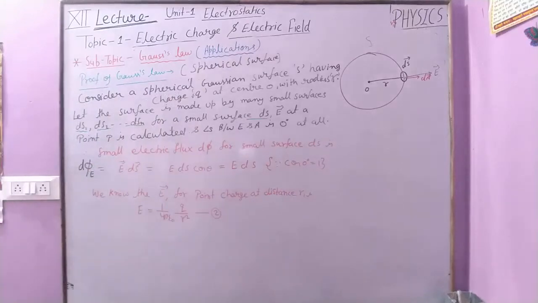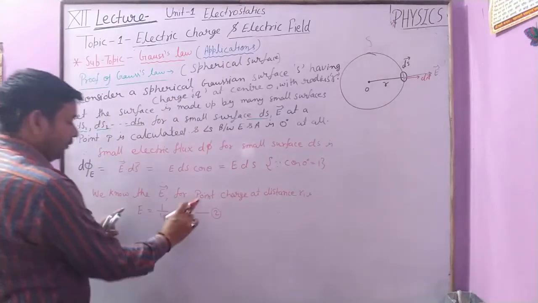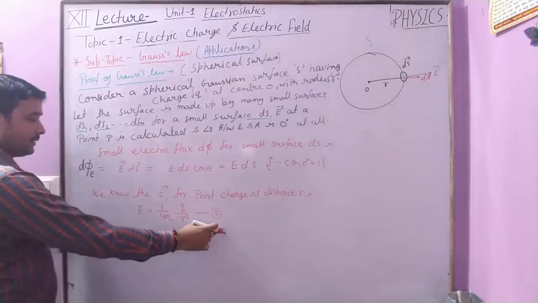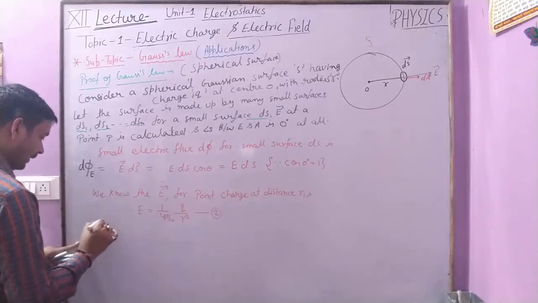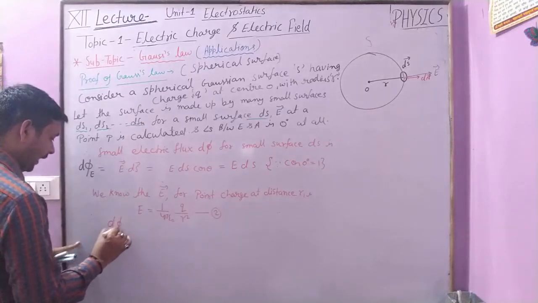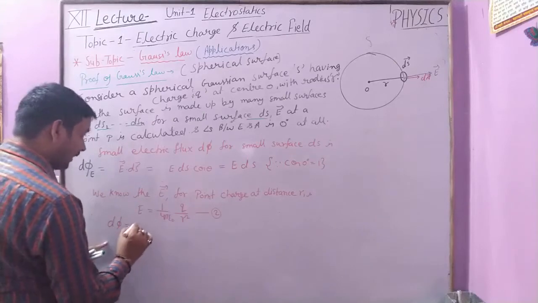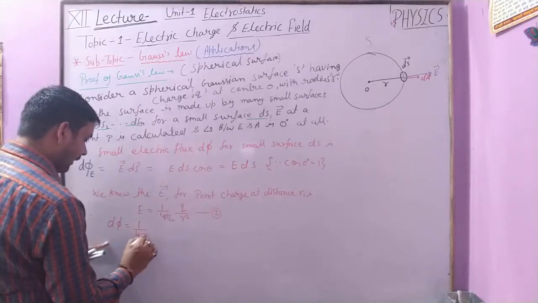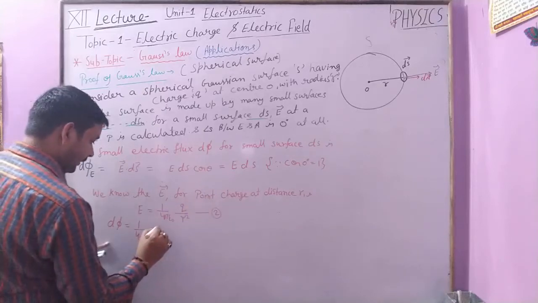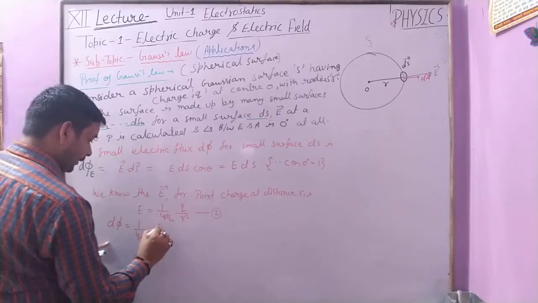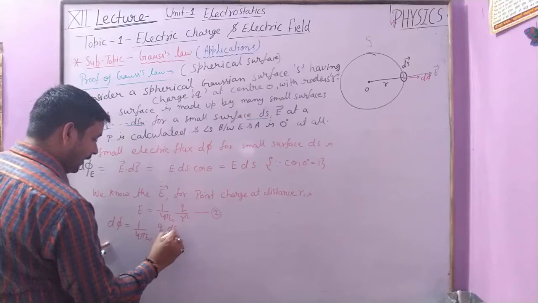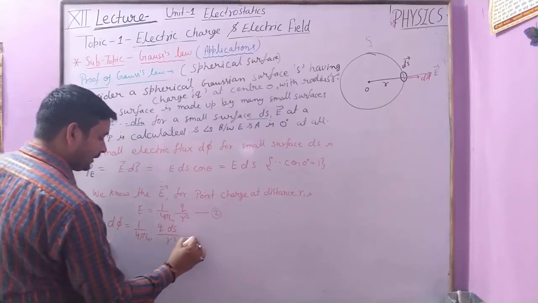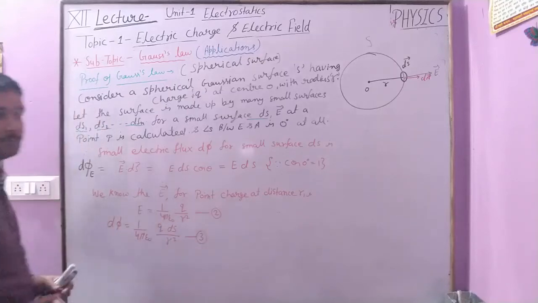Okay. Now we know that the result is this. Therefore d phi is equal to, in placing here, 1 upon 4 pi epsilon naught q ds upon r square. This is equation 3rd. Okay.